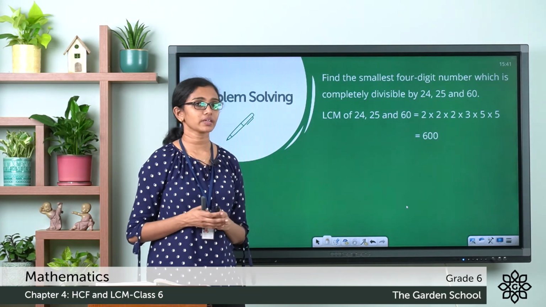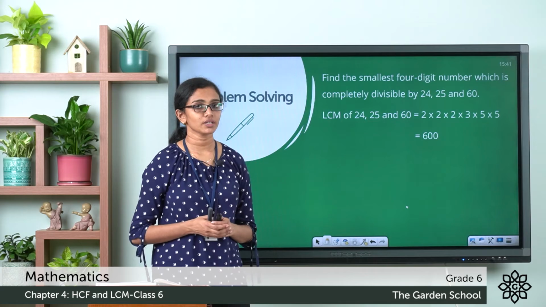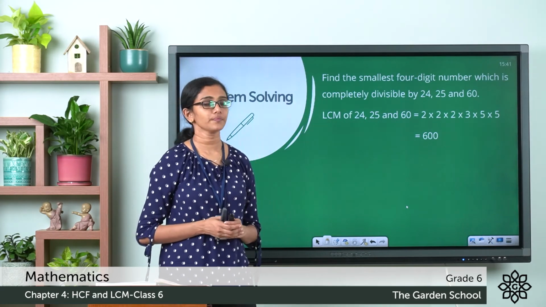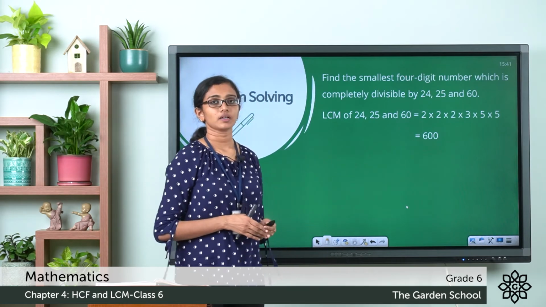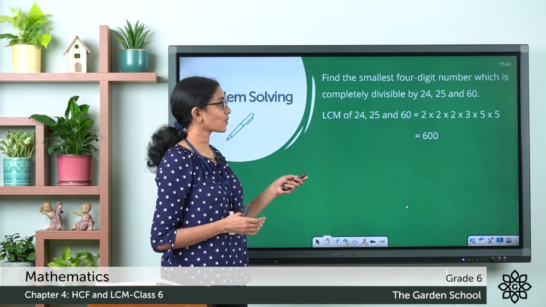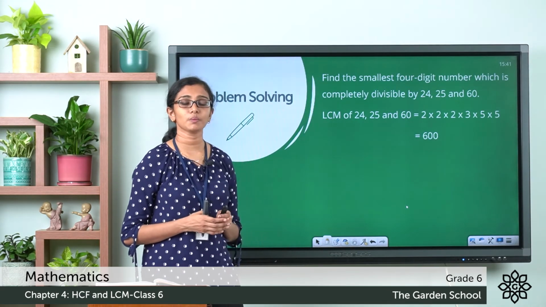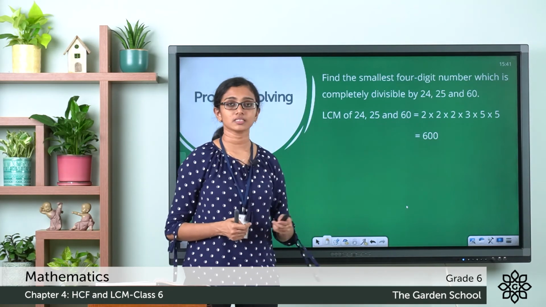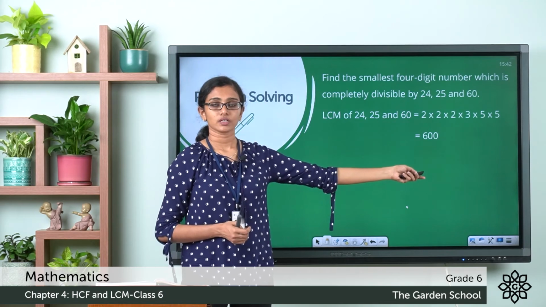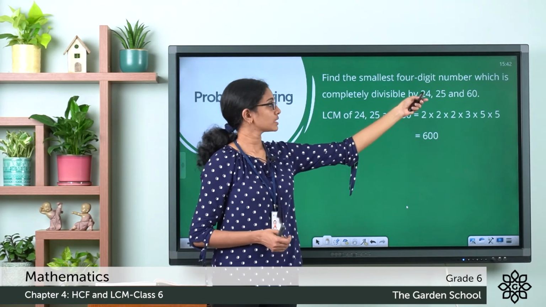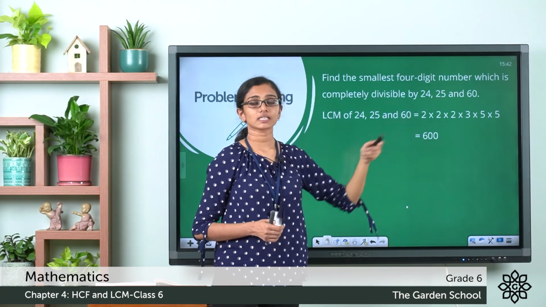You can see the same question given as a solved example in your textbook in page number 54. See, the LCM you are getting is a 3-digit number, but you are asked to find out the smallest 4-digit number which is completely divisible by 24, 25 and 60. The LCM we got is 600. So this 600 will be divisible by 24, 25 and 60.